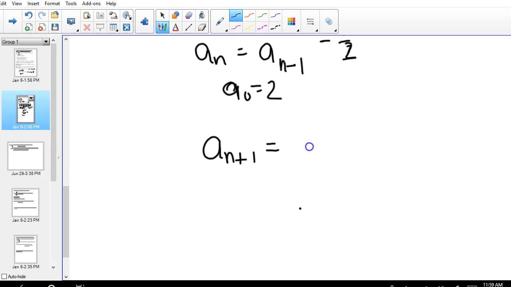A sub n. So a sub n minus 1/2. And then a sub 0 equals 2 for that. So it just depends on how they've written the formula. You might see something weird like this.